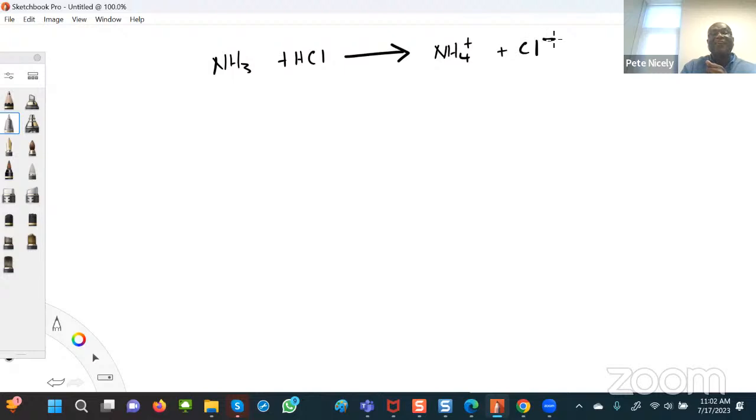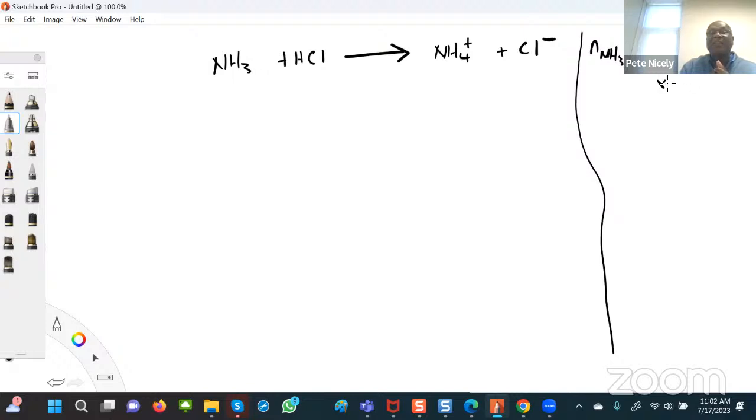All right. So what I'm going to do here is, and I probably should have done this before, find out the number of moles that is present in each solution. So we start off with the number of moles of ammonia. That would be equal to 40.0 mL, which we have to convert to liters, so 1 liter over 1,000 mL.